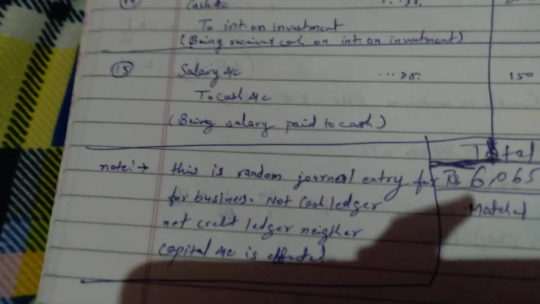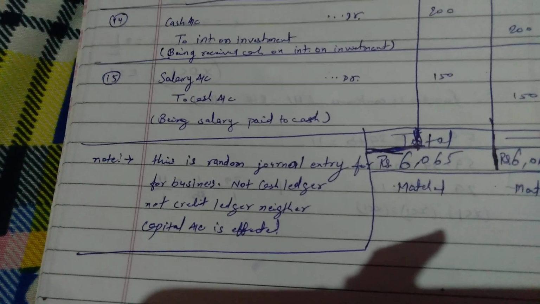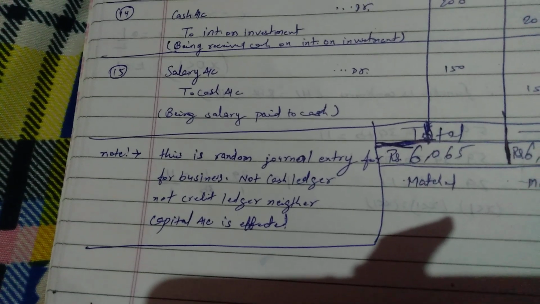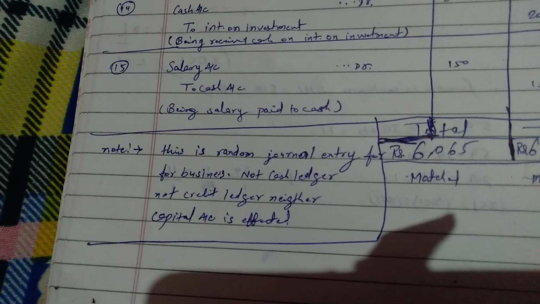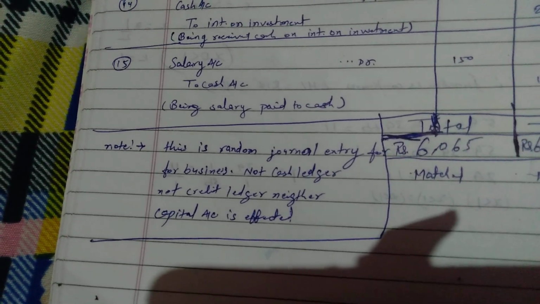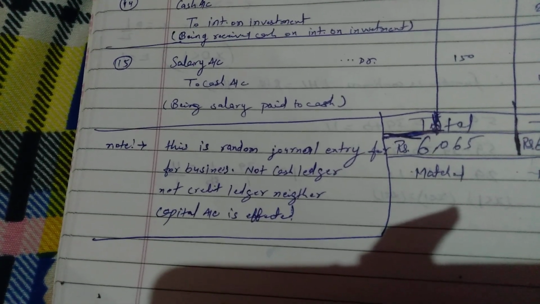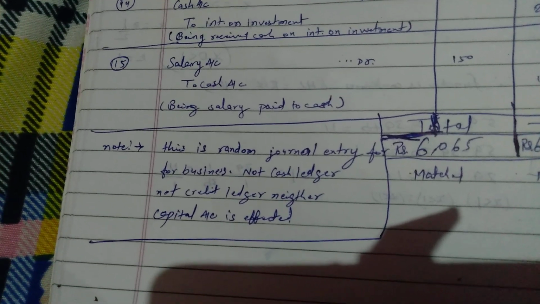Now I have made some notes at last to finalize what is the impact of all these transactions in a nutshell. This is a random journal entry for a business, not a cash ledger, not a credit ledger, and neither is the capital account affected. So it is an incomplete account.